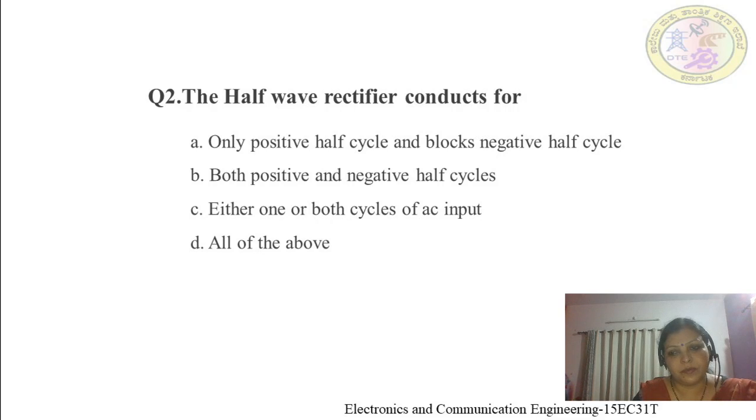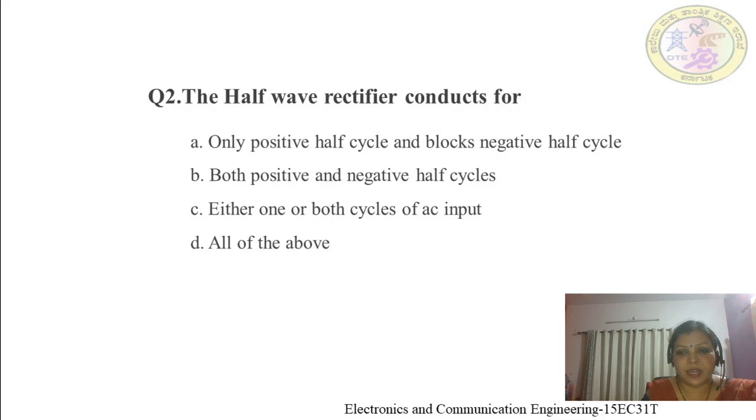Now, the half wave rectifier conducts for: A, only positive half cycle and blocks the negative half cycle; B, both positive and negative half cycles; C, either one or both the cycles of AC input; or D, all of the above.